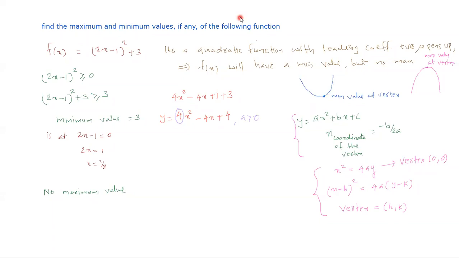So x coordinate of the vertex. I told you the formula −b by 2a. So −b is −(−4), divided by 2 into 4, that is 8. So you get x coordinate 1 by 2.